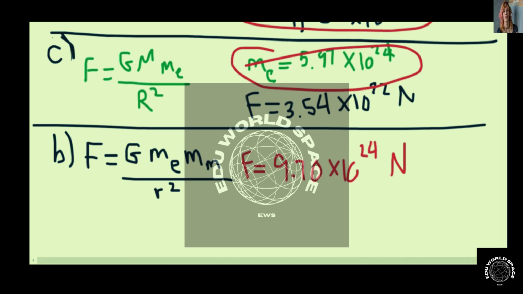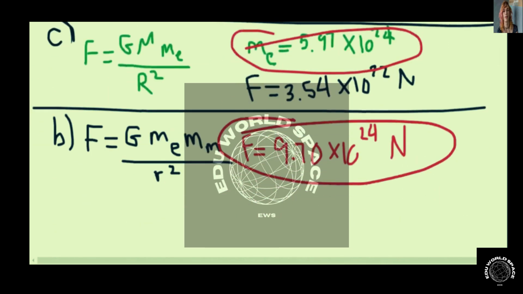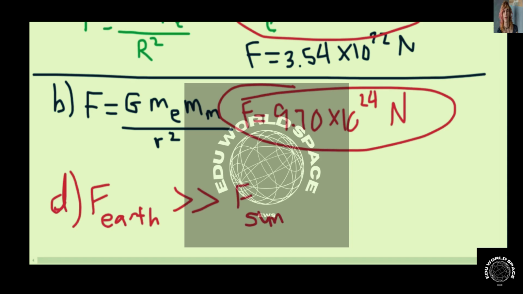The force exerted by the Earth on the moon is B. That's to the 24th power. And so the force exerted by the Earth, this is in D, is much greater than the force exerted by the sun on the moon.